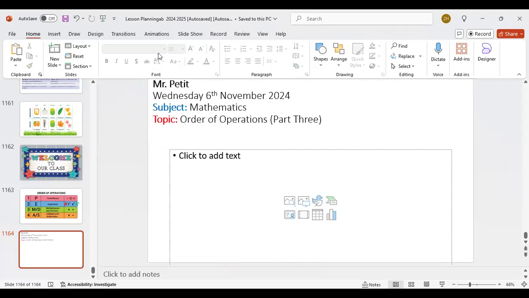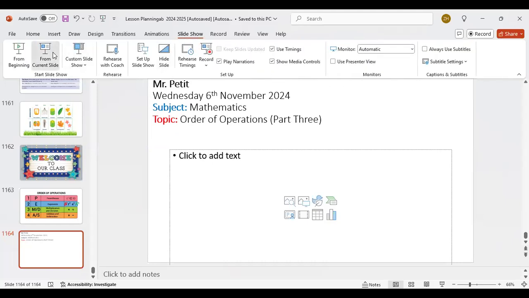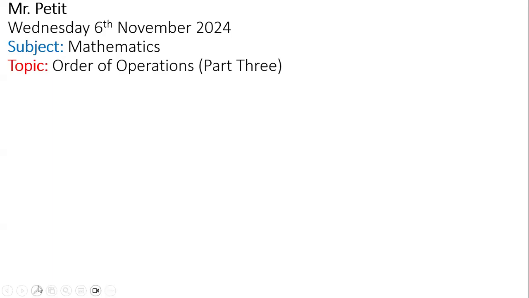The objective is very simple. We want to simplify, and we're going to start off very simple. Say, for example, you have this question, number 1.